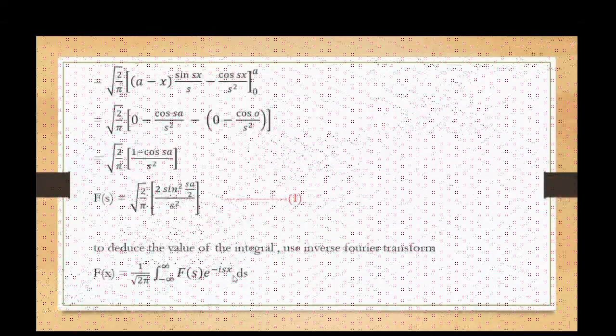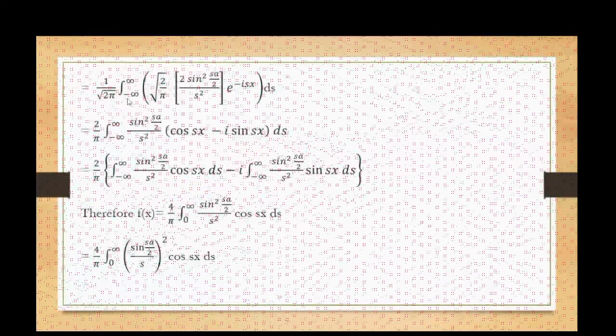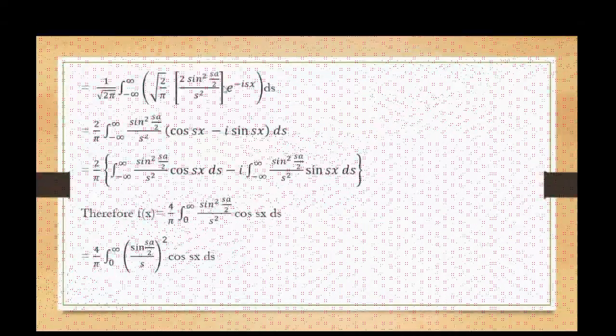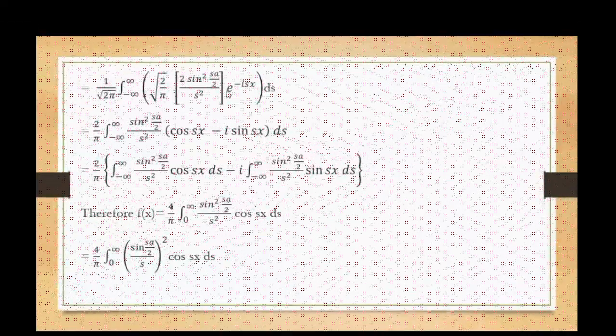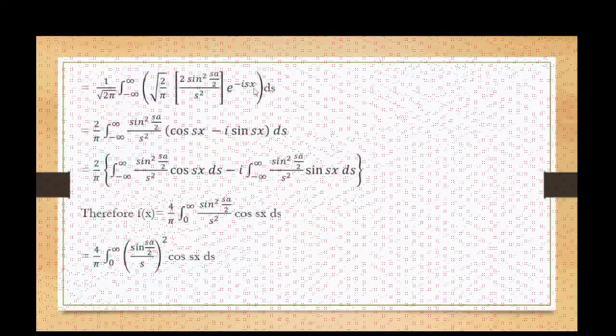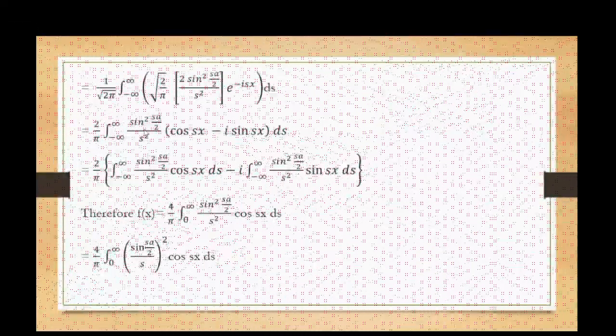So 1 by root 2 pi integral minus infinity to infinity, this is the value for f(s), and e power minus isx ds. The formula for this thing is cos sx minus i sin sx. So we have to multiply these two things.